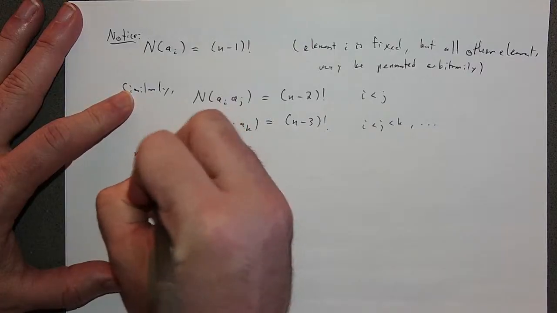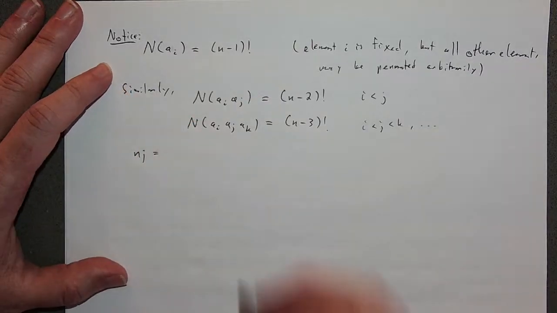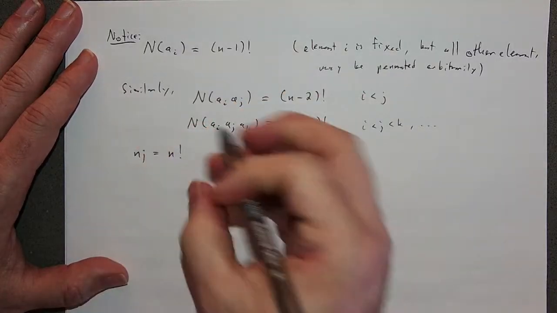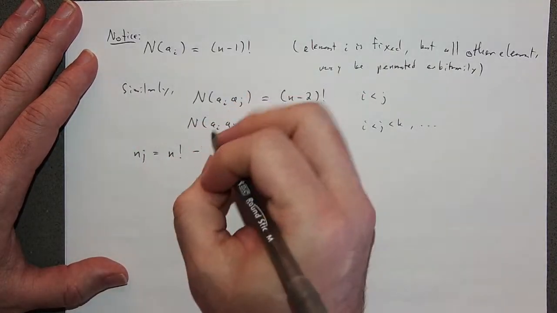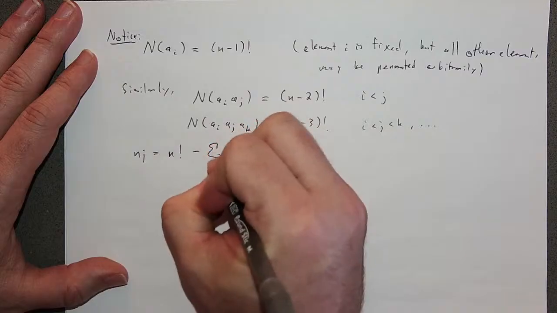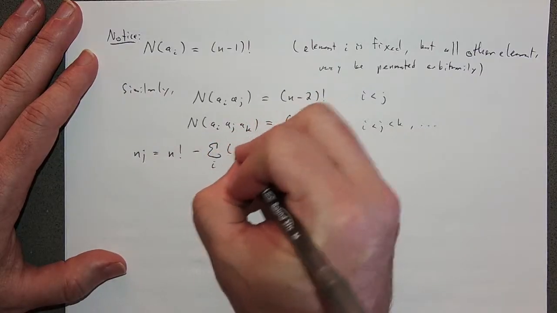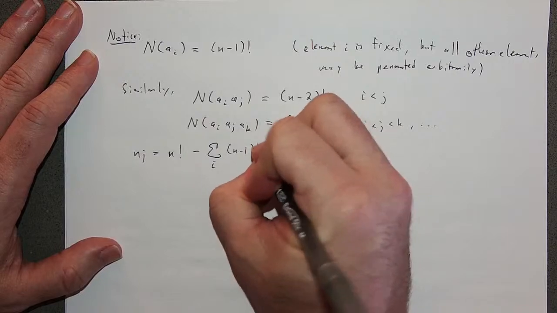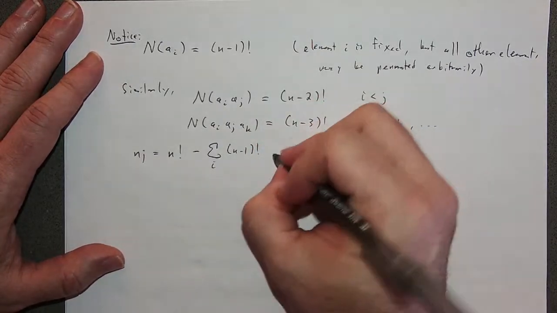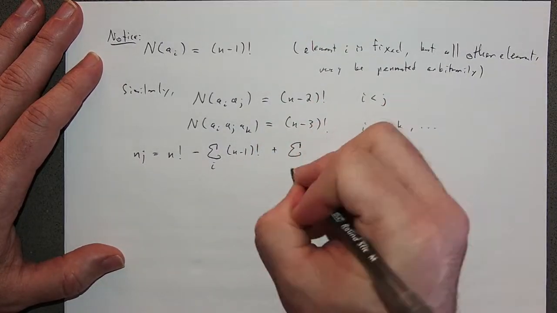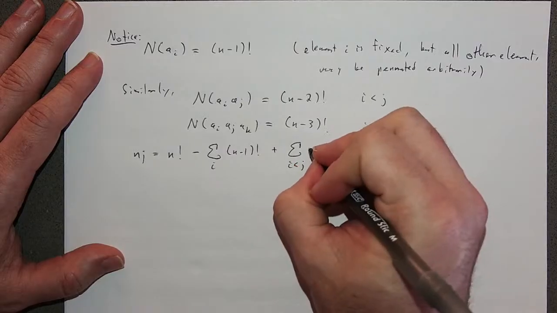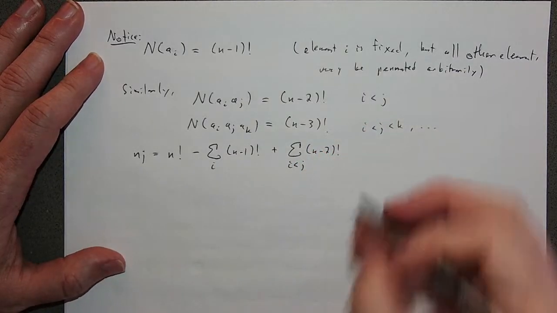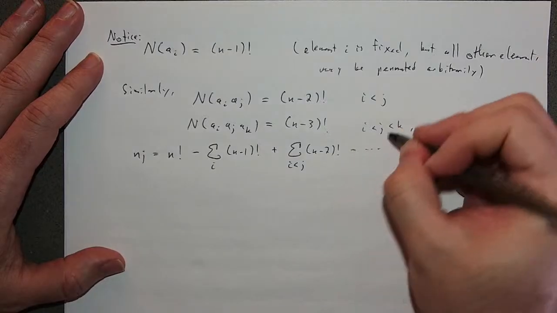the number of derangements of n objects is n factorial, that's the total number of objects, minus the sum over i of n minus 1 factorial, plus the sum over i less than j of n minus 2 factorial, minus, and so on.